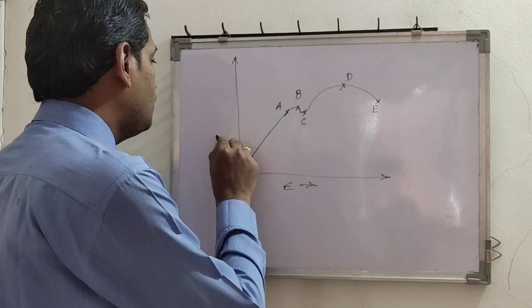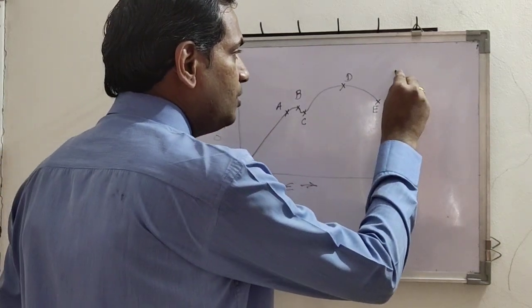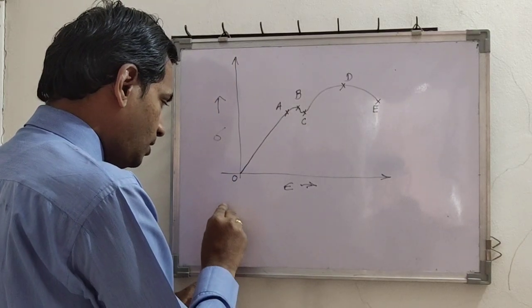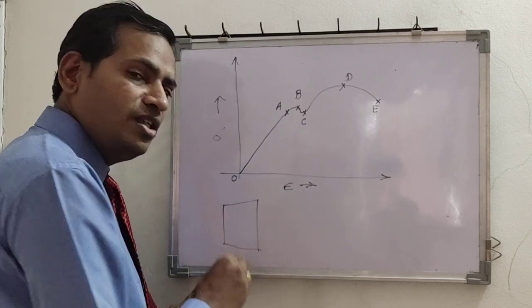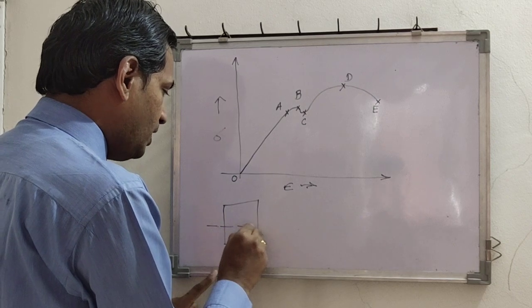Now let us say this is the beam cross section. I will draw here. This is the beam cross section. Okay, this is a symmetric cross section, and here is the neutral axis.